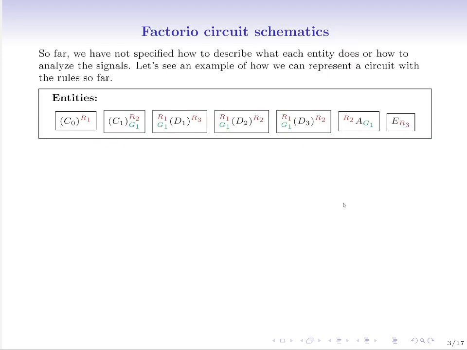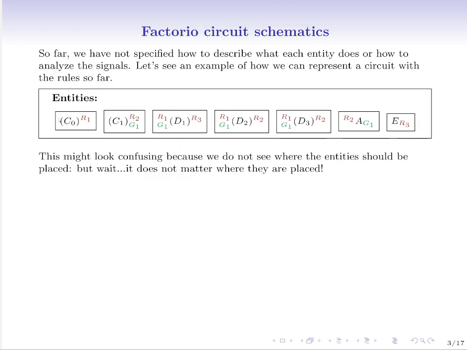Okay, so if I follow the rules I just listed, I would be able to express a circuit network as a bunch of entities with some channels attached to them. But you might have the problem with, well, how do I construct this? It doesn't show where the entities should be or what the wires should be.